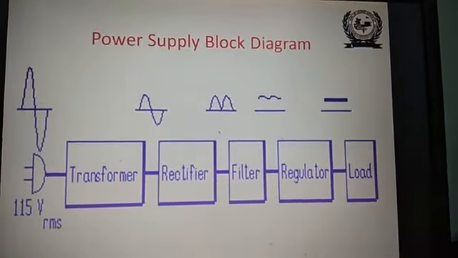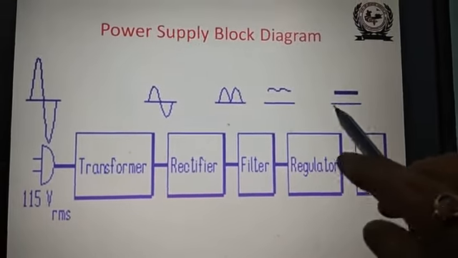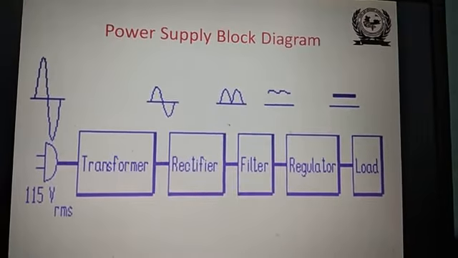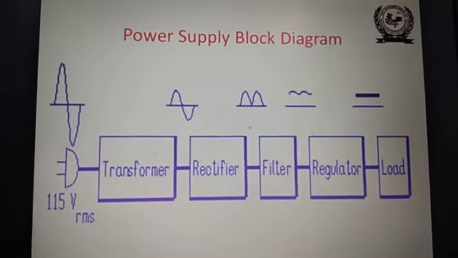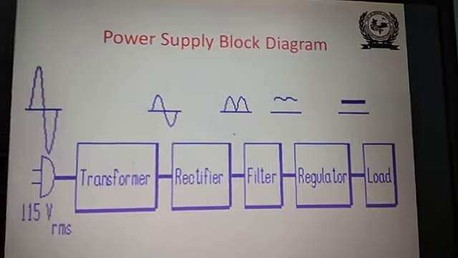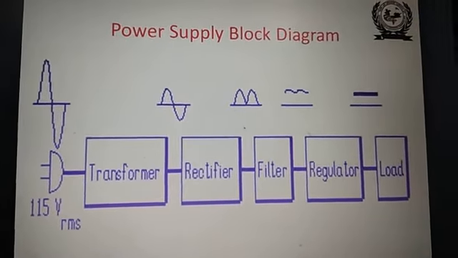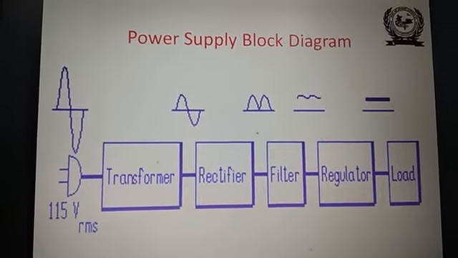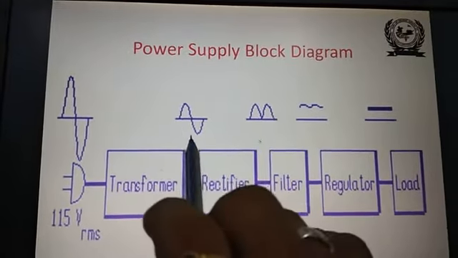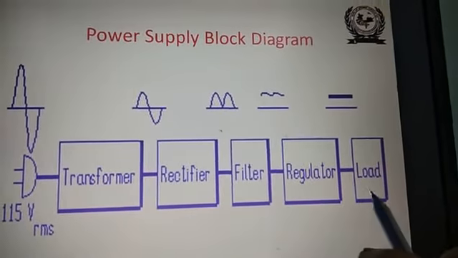You can see a straight line after this filter, and this DC output is then applied everywhere, that is in the load and other parts of the circuits. So what is the function of the regulator? Regulator is a circuit which is used to provide the constant output voltage irrespective of the change in the input voltage, that is line voltage, or change in the load current.